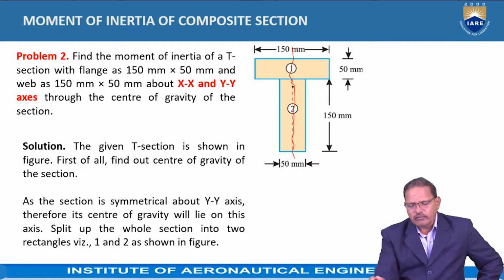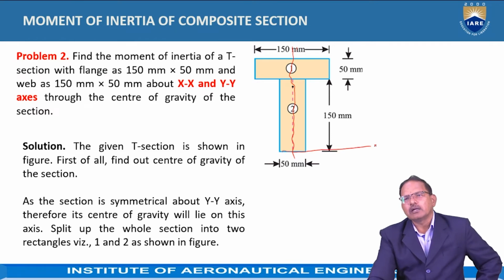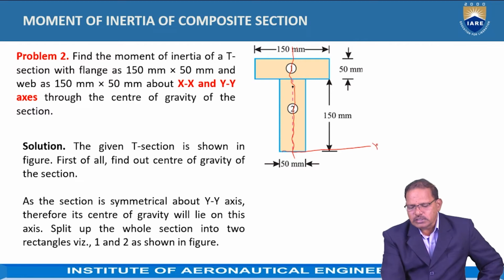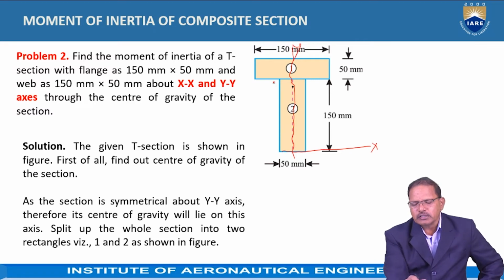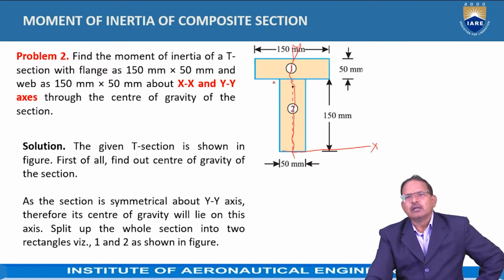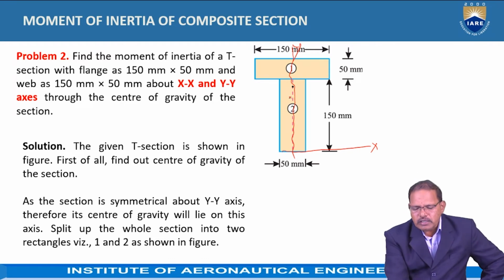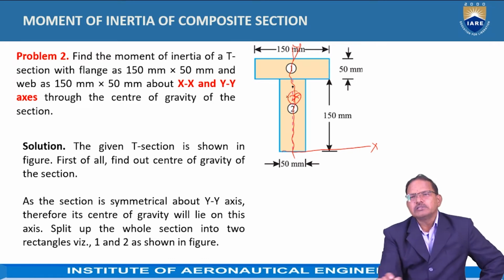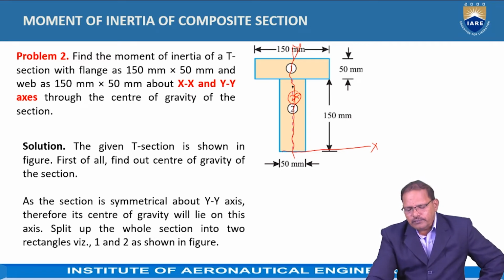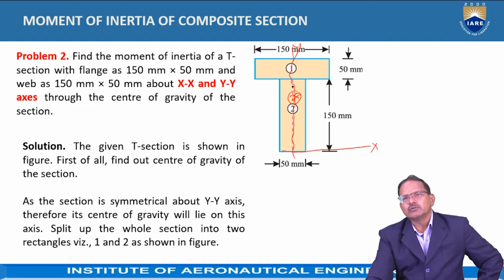And one more horizontal reference line is required, which is always passing through the bottom of the figure. Hence this is treated as the x-axis, and this is treated as the y-axis. That means the position of the centroid of this figure always lies on the symmetrical line, that is, on the y-axis somewhere. That means when we take the y-axis, the x coordinate of the centroid is equal to 0.